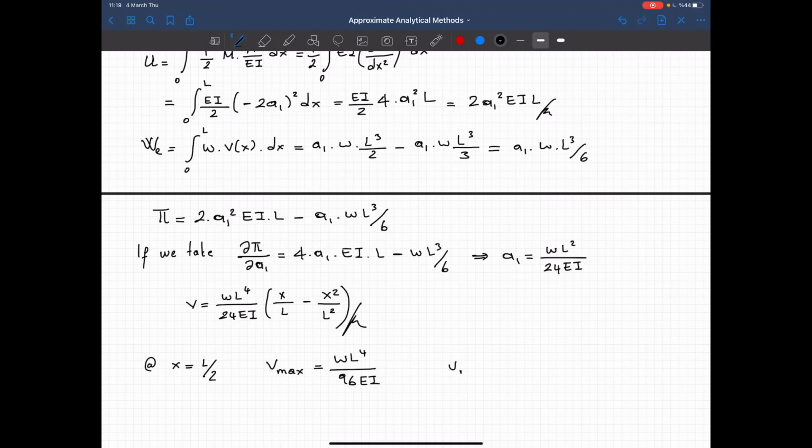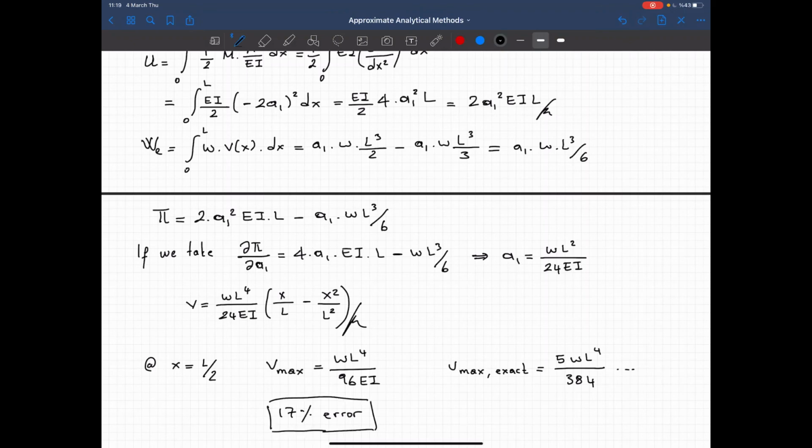But we know that the exact value of this maximum displacement when you do a differential solution is 5 W L to the power 4 divided by 384, and we got 17% error.